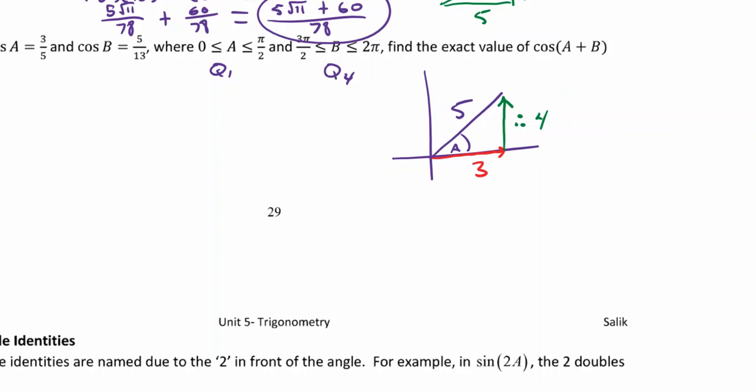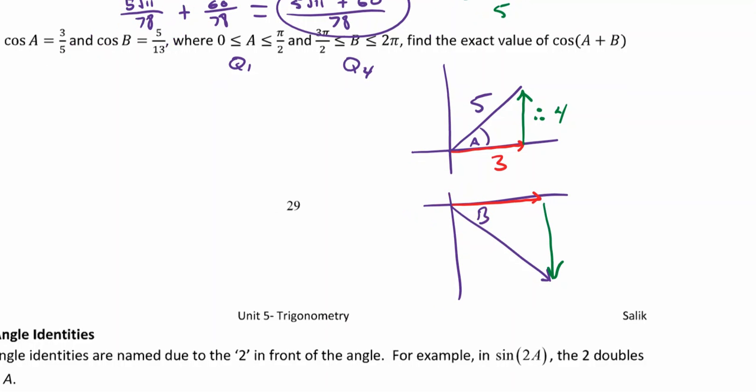Okay, so now we know that. Now let's do the next one. In quadrant 4, that's where B is going to be, so that's going to be down here. Again, it's cos that we're looking for.